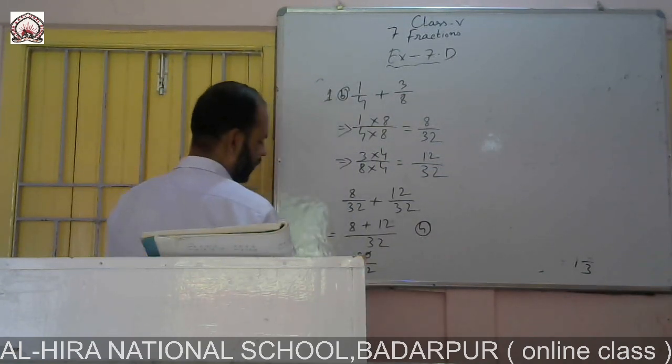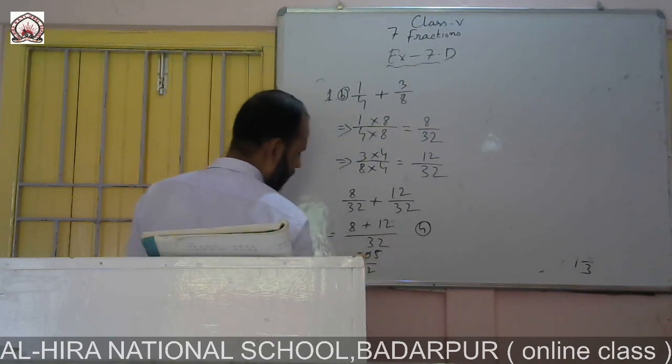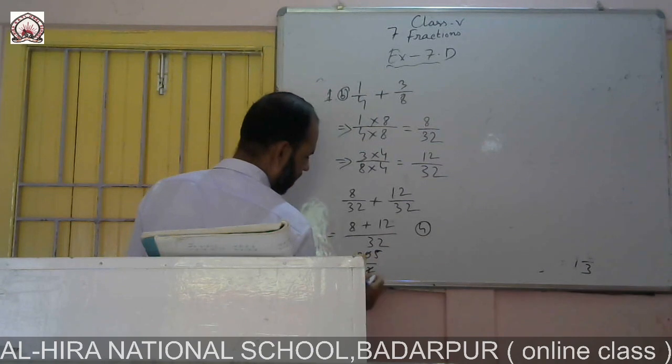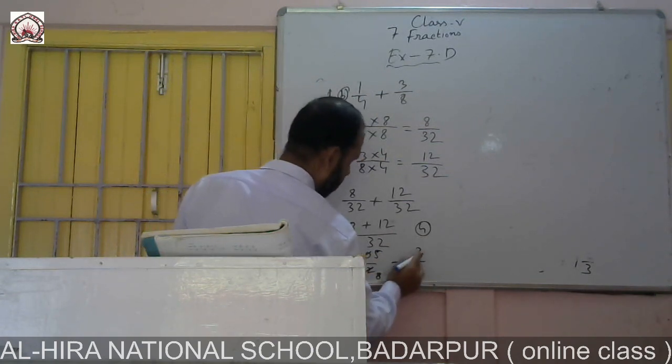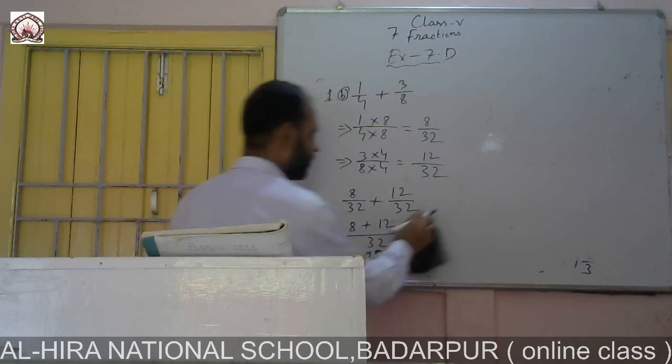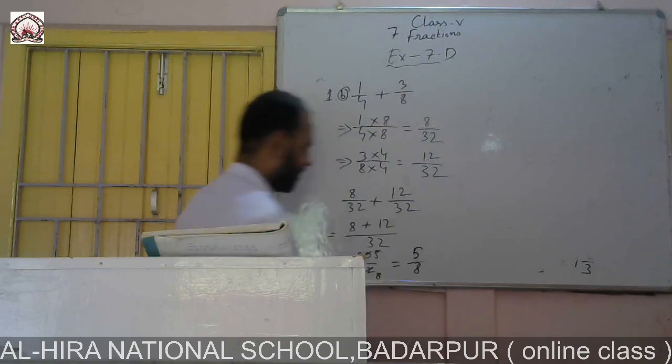If we cut by 4, then we get 4 5 jar 20 and 4 8 jar 32. So the answer is 5 by 8.